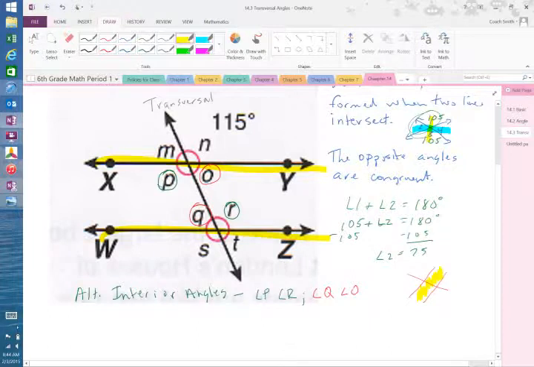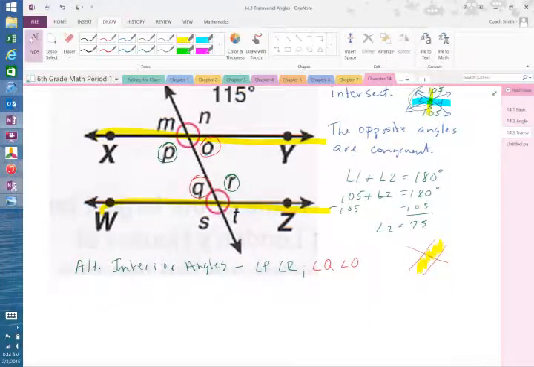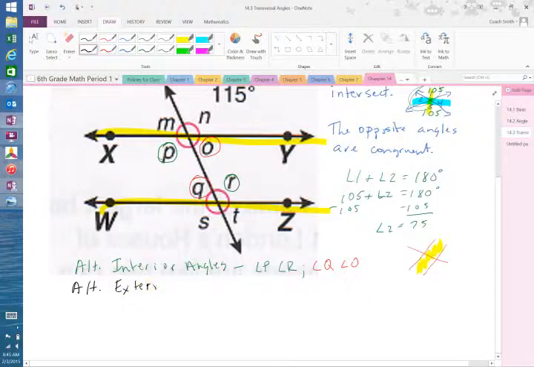Okay? Now, alternate exterior angles. Okay? So this is the exterior. It's on the outside of the two lines. Okay? So, this one's a little bit different.